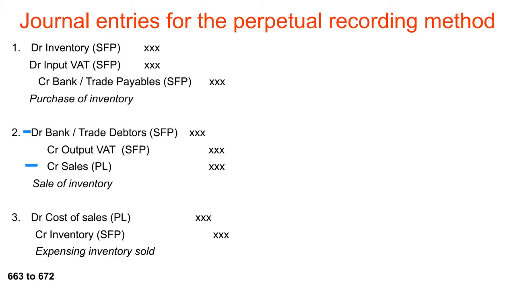For each and every sale that we make, we would then debit the cost of sales and credit inventory, showing the decrease and the sale of inventory. This is the important part, and this is the part that helps us to keep our inventory balance up to date, because we're constantly passing these journal entries for every sale that's made. So these are the important journal entries in inventory in the perpetual system.